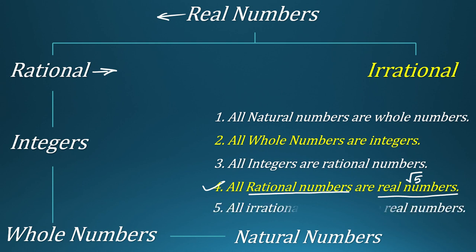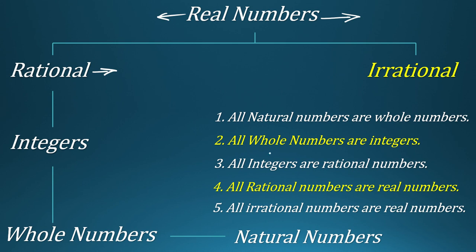Now, the last one is: all irrational numbers are real numbers. You see, irrational number is down in the family and real number is up. So, all irrational numbers are real numbers. But all real numbers need not be irrational numbers.